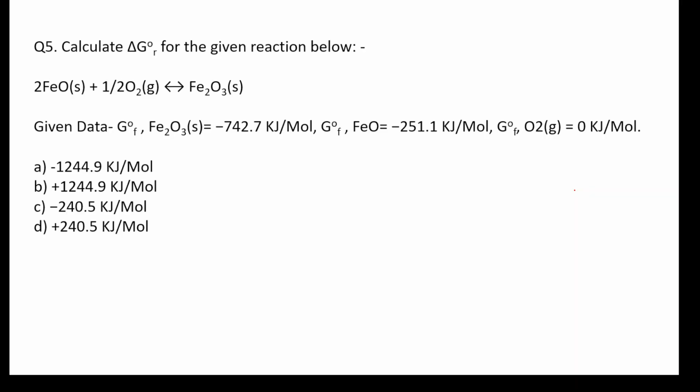Okay. Remember, it will be product minus reactant. So check if you are doing it correct. Both of you have given the same number, but the signs are opposite. So please check if it is product minus reactant.